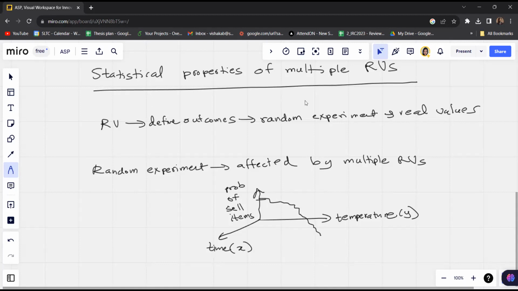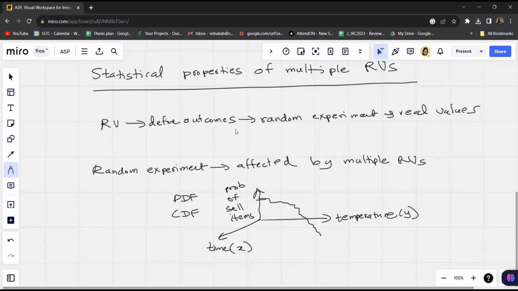These multiple random variables combine together to generate a certain outcome in the random experiment, and that generated outcome has a certain probability, which we can denote using probability density functions, and that probability density function can be used to find probabilities of the event occurring. So the PDF, CDF, those things are useful for that.